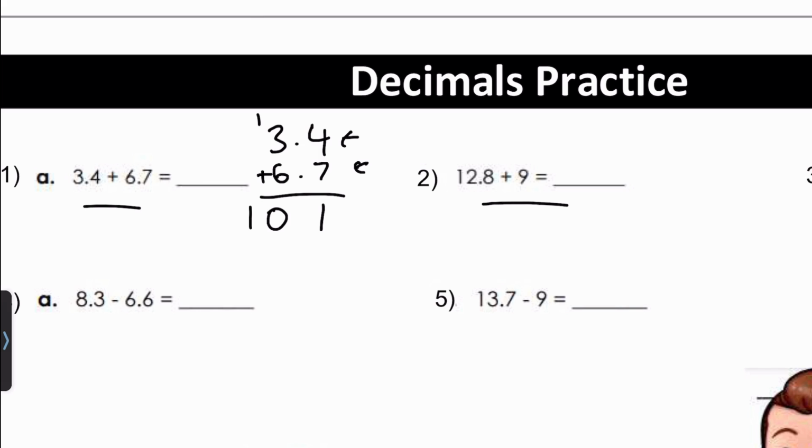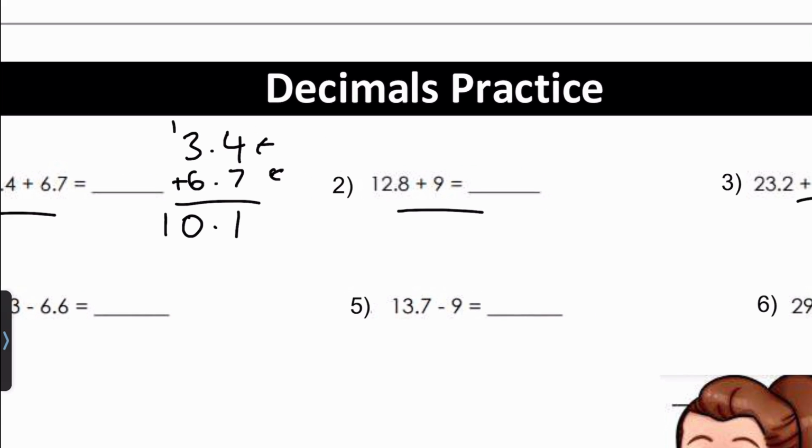Now 3 plus 6 is not going to be 101. You have to remember the decimal point. That is because when you're adding, as I'll show you in this question, you have to line up the decimal points before you can add them. So with normal 12 plus 9, you can do that normally.